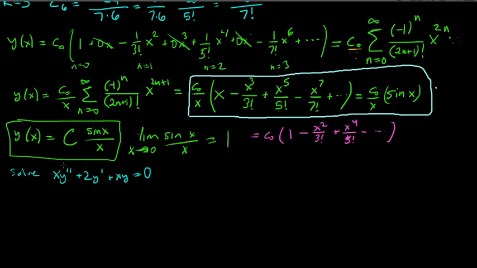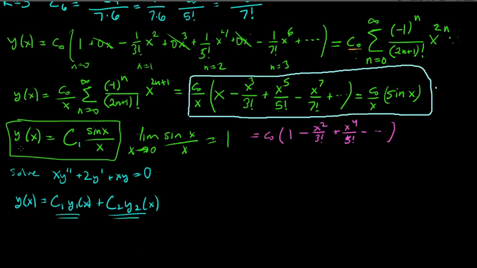But remember, being second order, what do our solutions look like? Our general solutions look like this: c1 y1 plus c2 y2, right? In other words, we should have two linearly independent solutions. This is just one.